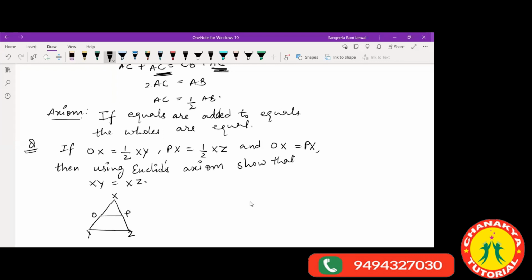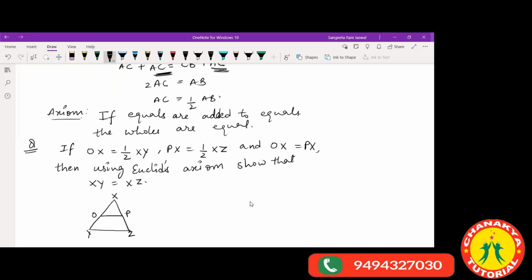It's given OX is half of XY, okay. PX is half of XZ, okay. And OX is equal to PX. Then using Euclid's axiom, show that XY is equal to XZ. So please try this.